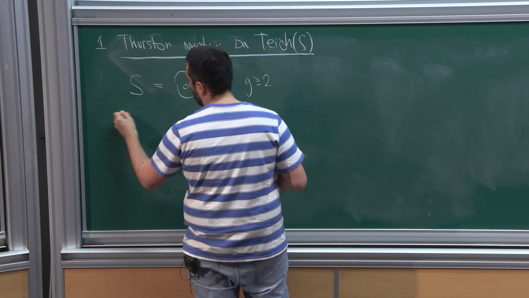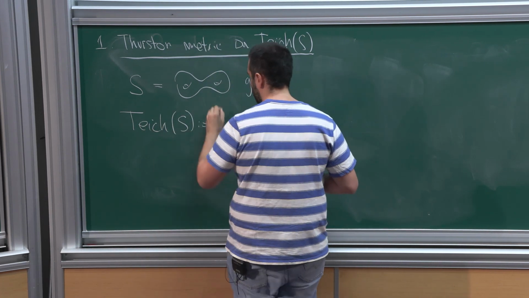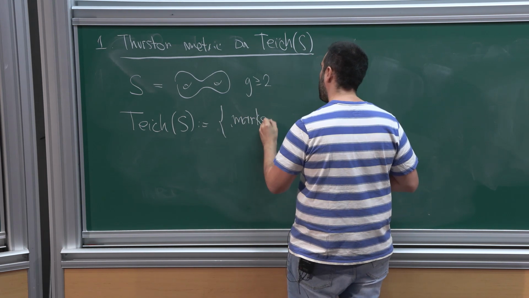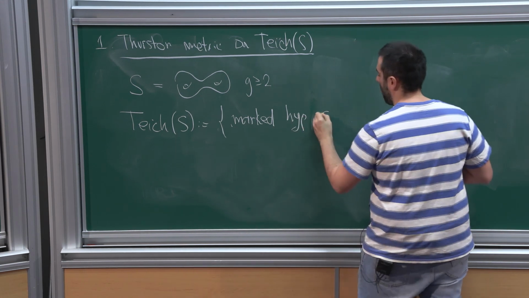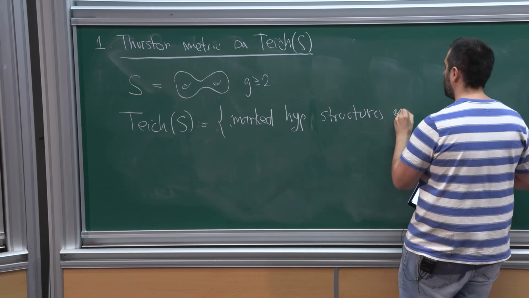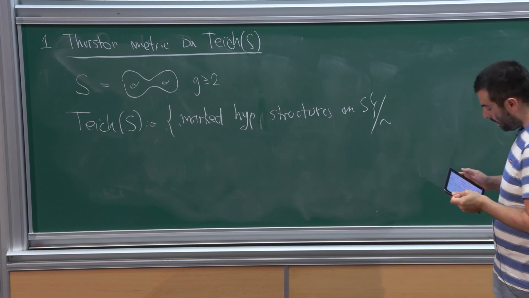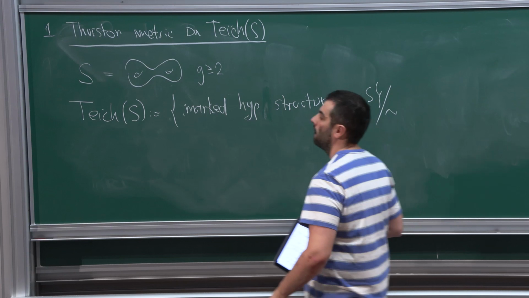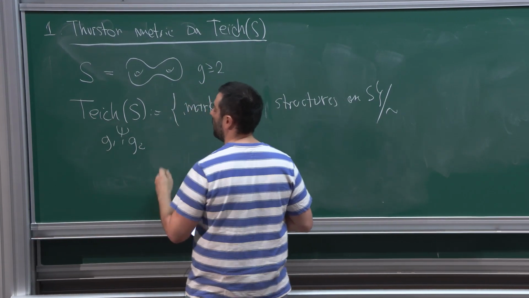The Teichmüller space of S is a space of marked hyperbolic structures on S, up to isotopy.